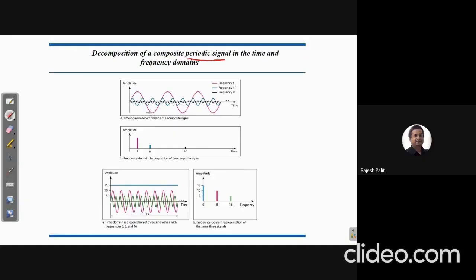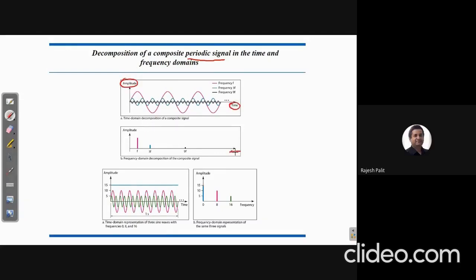For example, this is a composite signal with multiple simple signals or multiple sine waves. So we can express all the components of the signal in the time domain, with time and amplitude, and also in the frequency domain.